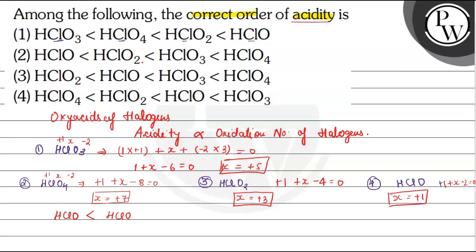Basically this is the order of increasing oxidation state of chlorine. And as I already told you, the acidity of oxy acids of halogen is directly proportional to the oxidation number of halogen. So this is also the order for acidity of oxy acids of halogen.